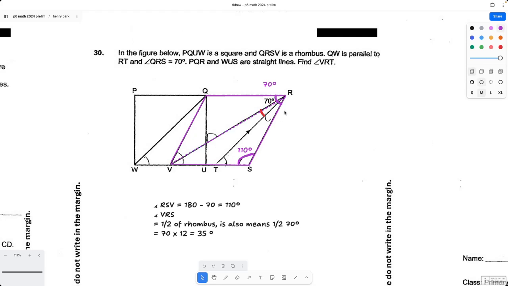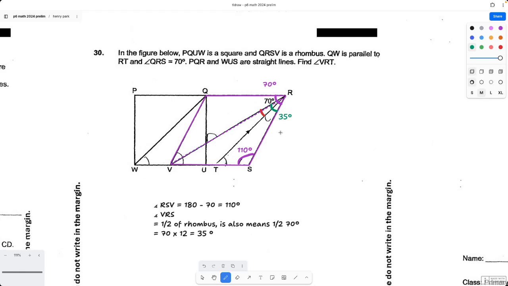Let me make this green as well. So this over here is 35 degrees. Since we know this is 35 and this is 110, that means this is also 35.